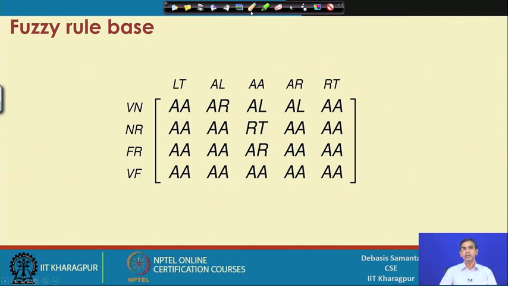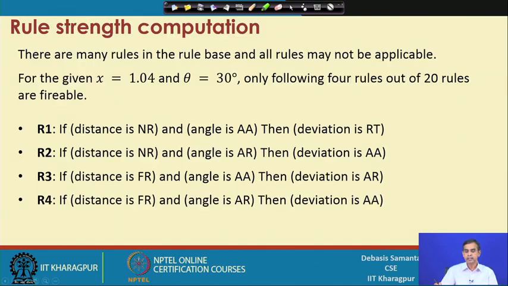That means, out of 20 rules, all rules may not be applicable in the current context. So, the fuzzy inference engine will calculate how many of these 20 rules form a subset that is related and can be considered to calculate the fuzzy output. That is the objective of the fuzzy inference engine.